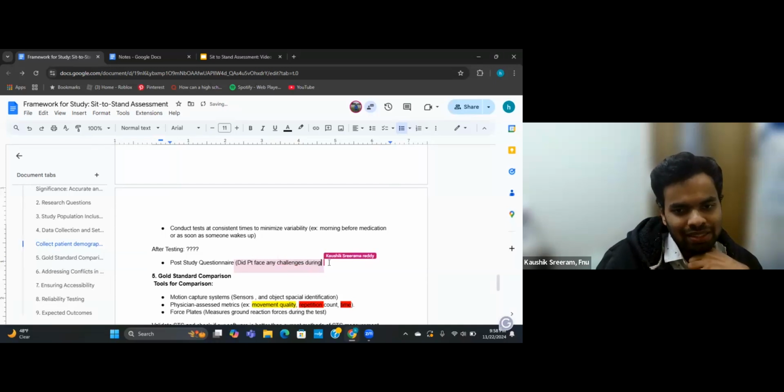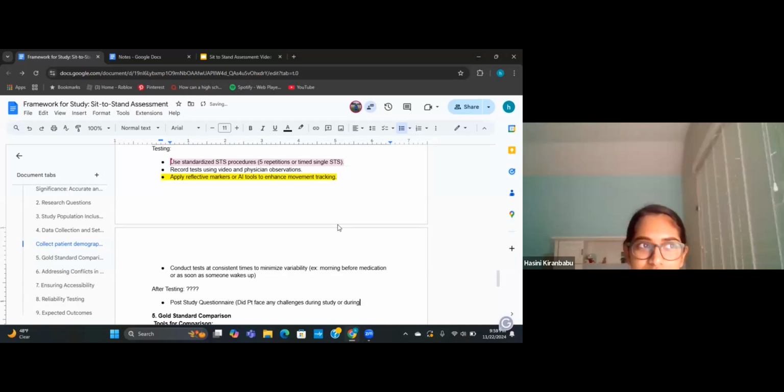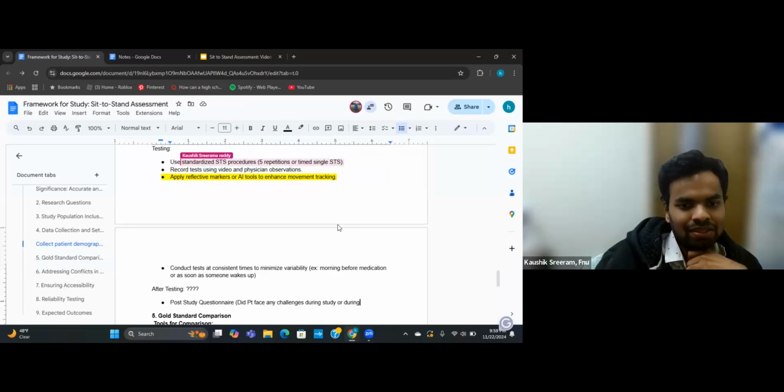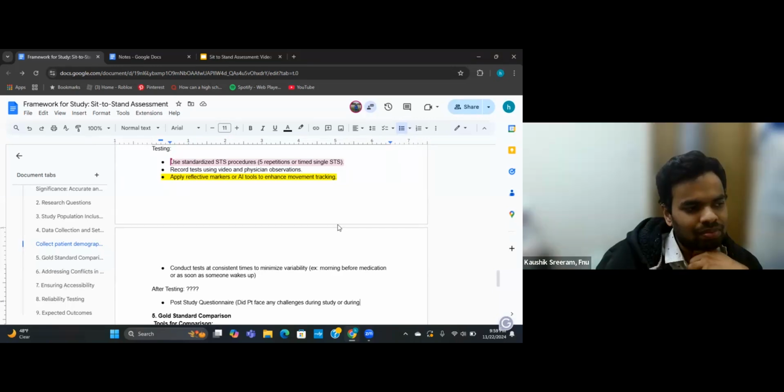So when it comes to testing, this is what I thought in my mind. What are we keeping constant in the sit to stand test? In the inclusion criteria, or just doing the test in general. What are you keeping constant? They have to not use their arms. They have to put them onto their shoulders, right?